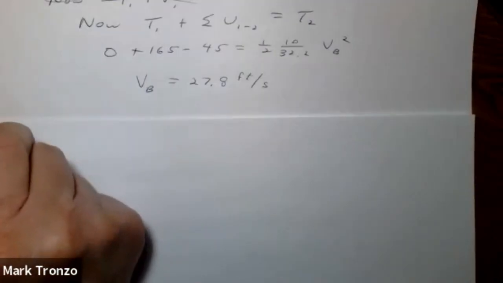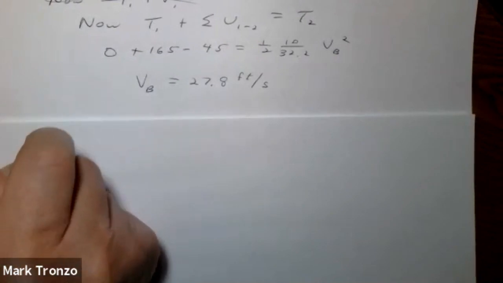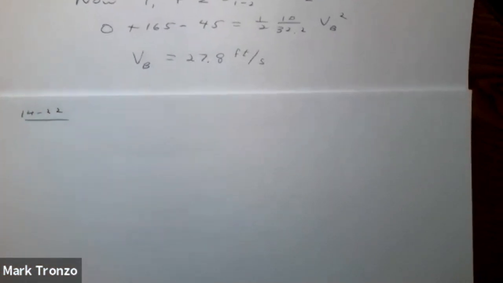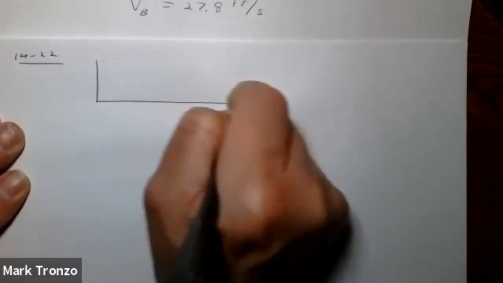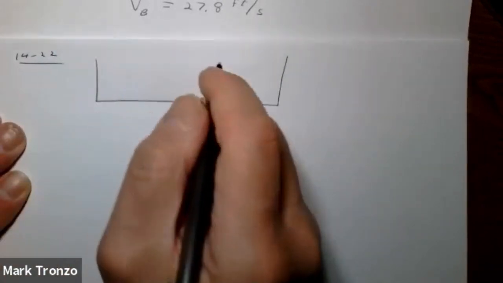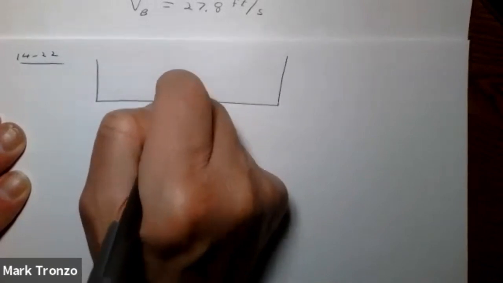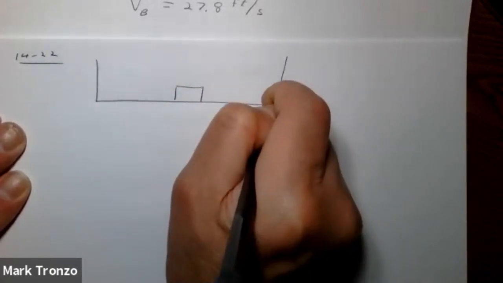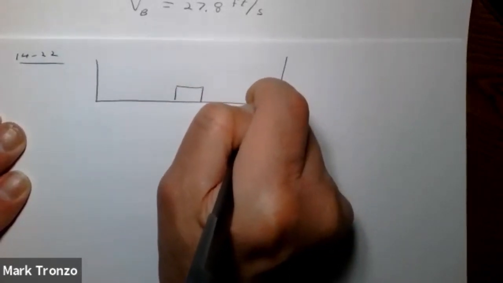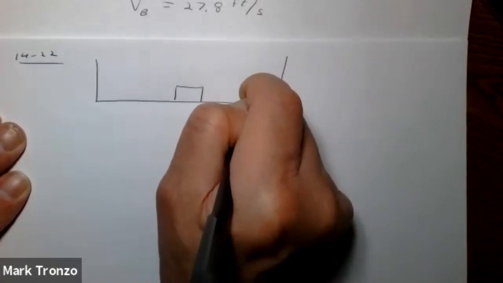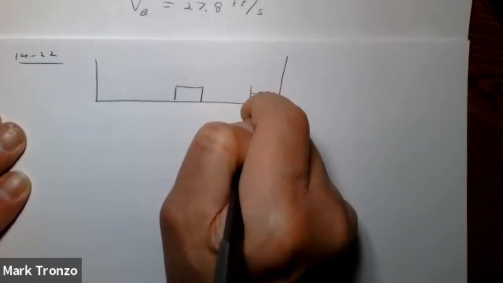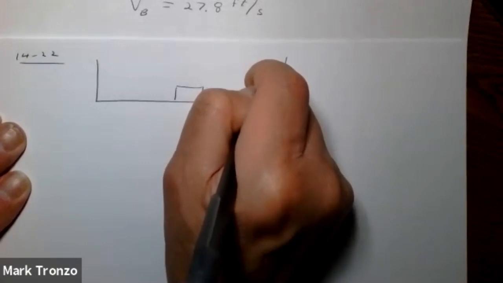So in 14-22, we have this block. And we have the point B here.